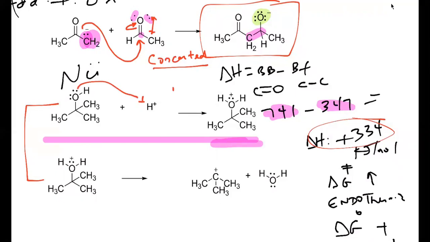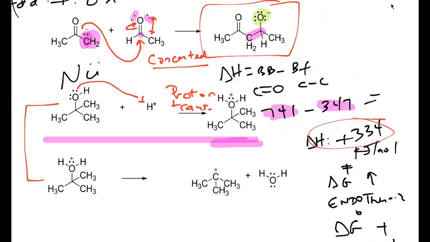Good. So we've got a proton transfer step here, which is indicative of acid-base chemistry, right? Not nucleophile, electrophile chemistry, even though the proton could be considered an electrophile and the oxygen could be considered a nucleophile.